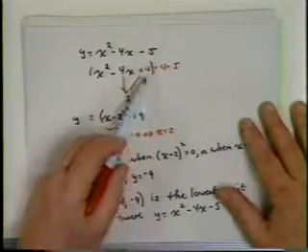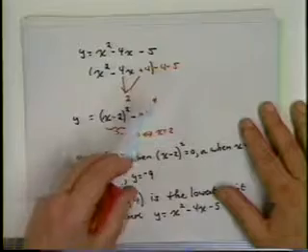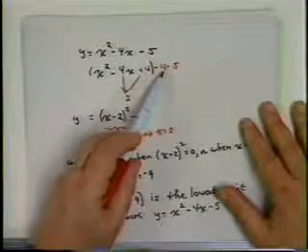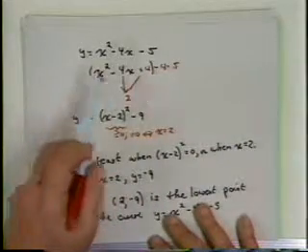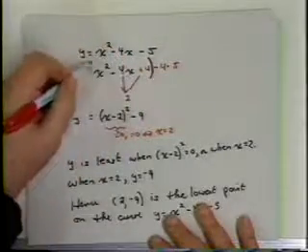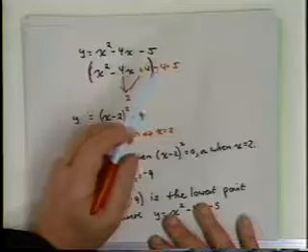Now what are we going to do? We're going to add 4 on here to get a perfect square. But we don't want to change anything, so if we add 4, we also have to do what? Subtract 4. You see what happens here? This becomes x squared minus 4x plus 4, and we'll put that in parentheses to emphasize that we want that by itself. Then this is minus 4 minus 5.